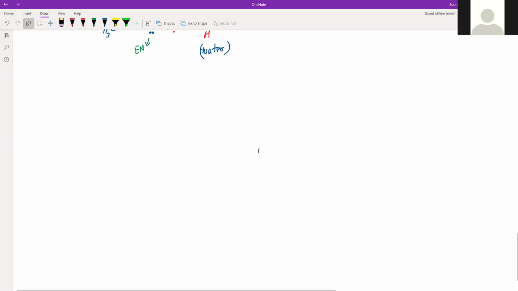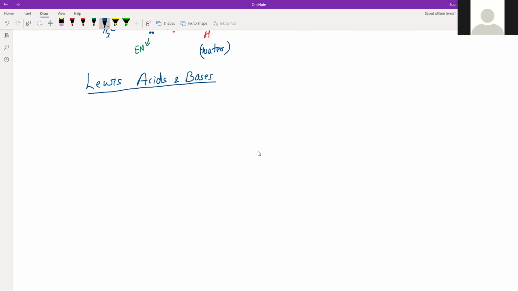Okay, now the next topic is Lewis acids and bases. It is a broader definition of acids and bases. The scientist proposed a theory that significantly broadened the understanding of acids and bases.